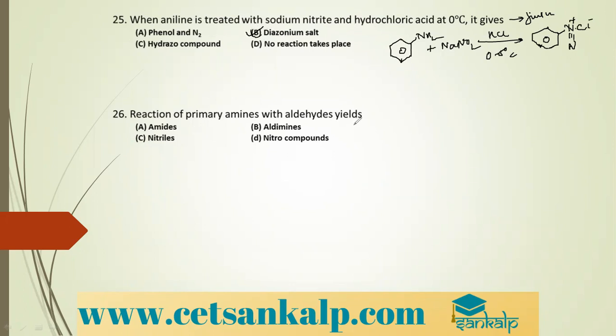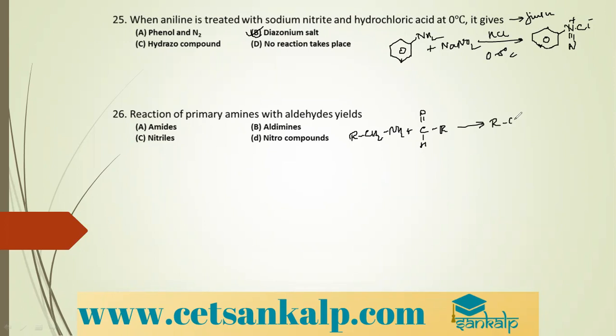Reaction of primary amines with aldehydes. So for a primary amine, I'll take the general reaction, R-NH2 with an aldehyde. Can I write the aldehyde like this, H and R? So reaction of primary amines with aldehydes. What is expected?